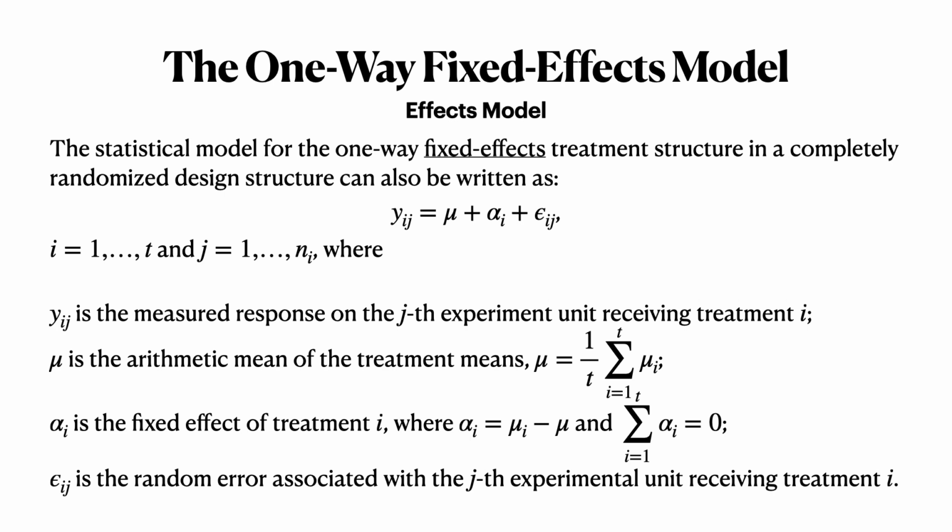Alpha sub i is the fixed effect of treatment i, where alpha sub i is equal to the difference mu sub i minus mu, and therefore the sum of the alpha sub i's is equal to 0. And finally, epsilon sub ij is the random error associated with the jth experimental unit receiving treatment i.